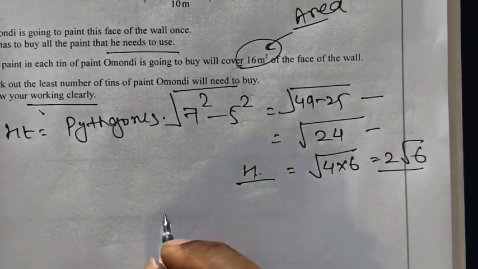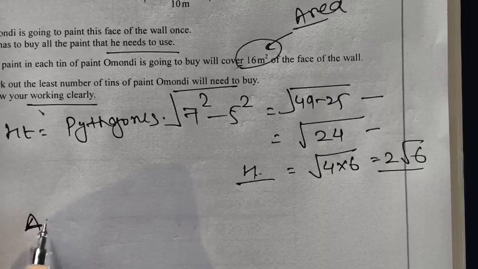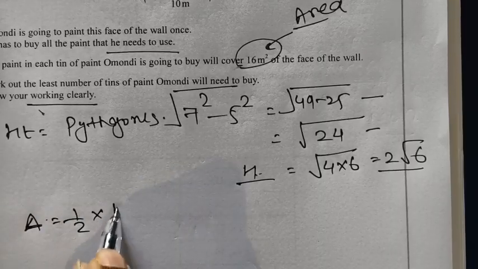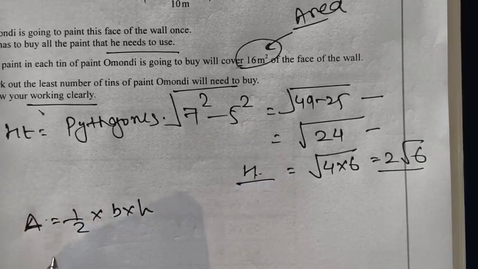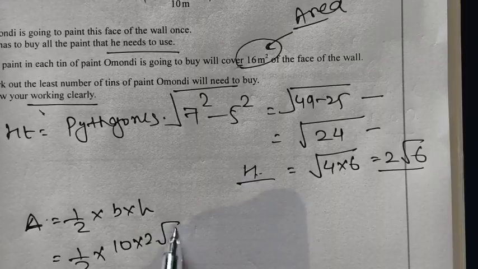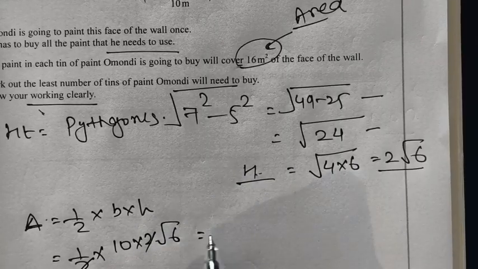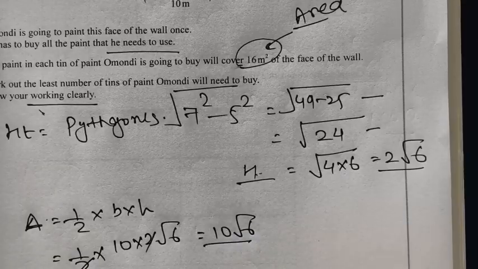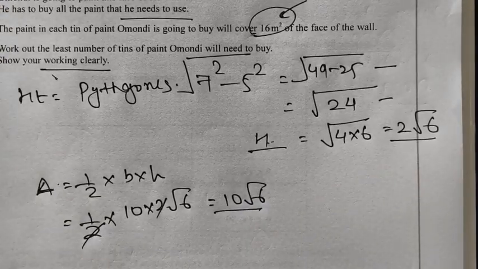Correct? So base into height. The area of a triangle is half into base into height, which is equal to half into 10 into 2 root 6. 2 cancels. I get 10 root 6 as the area.